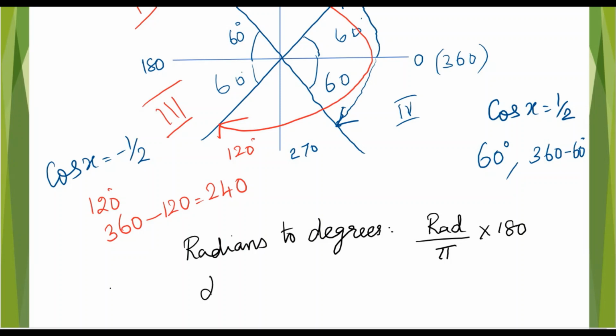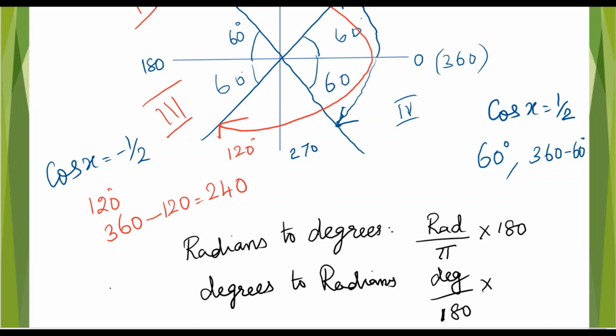And similarly, from degrees to radians, the degree value is divided by 180 and multiplied by pi. This is how we convert from radians to degrees or from degrees to radians.